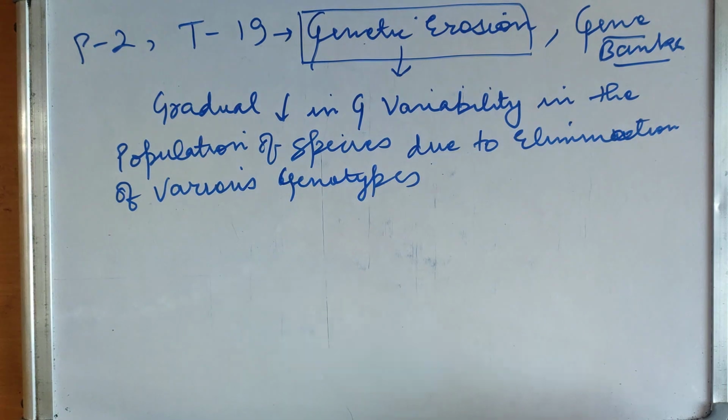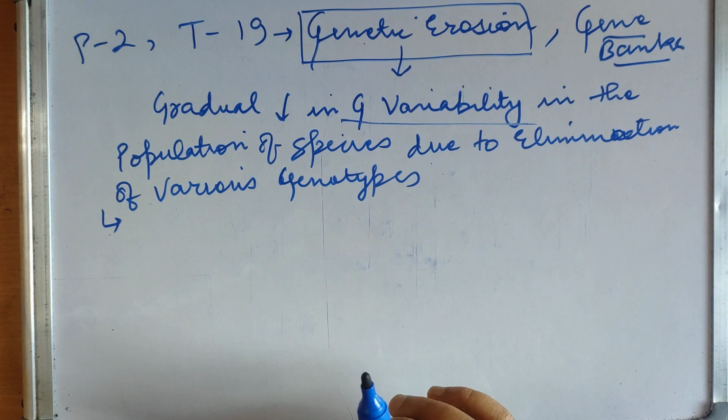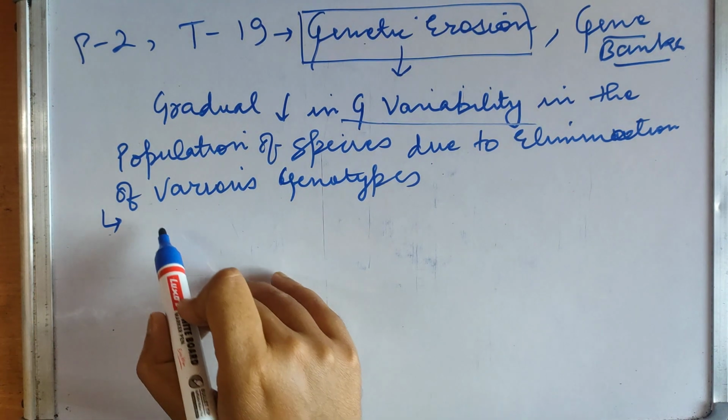So it is nothing but a decrease in genetic variability of the population of a species. And genetic erosion is more in endangered species.